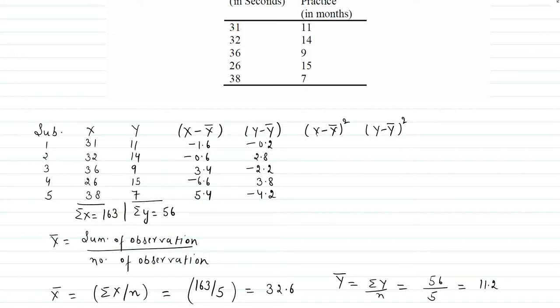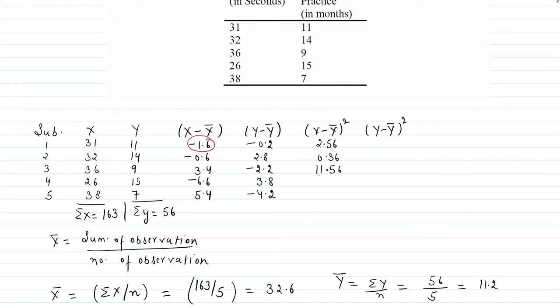So (x minus x bar) squared: minus 1.6 squared comes out to be 2.56, keeping two decimal places. Similarly 0.6 squared is 0.36, and 3.4 squared is 11.56. Remember to put the decimal between the digits.